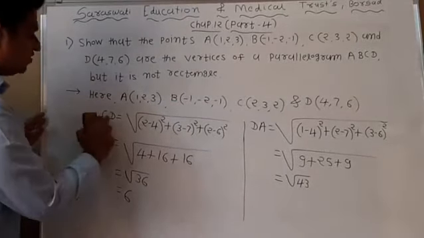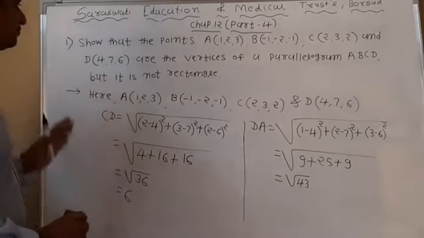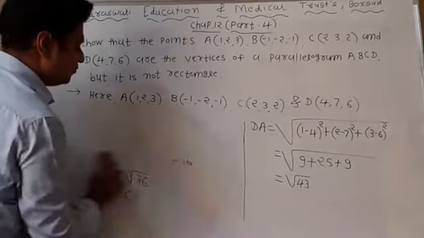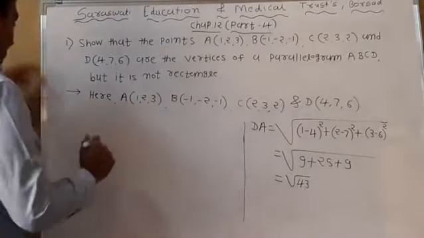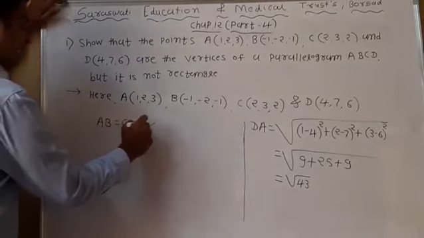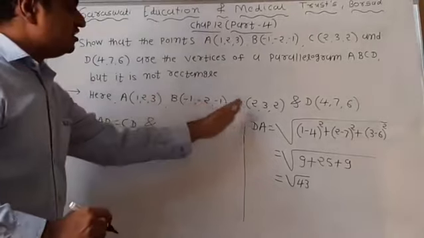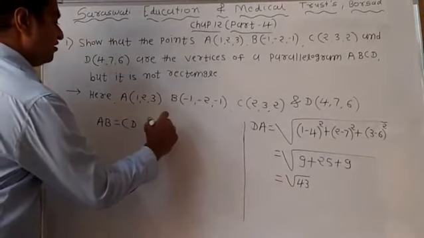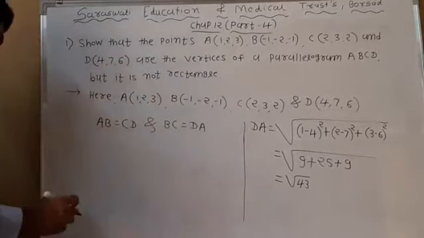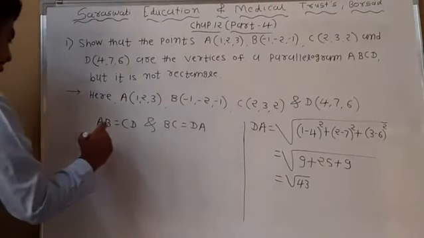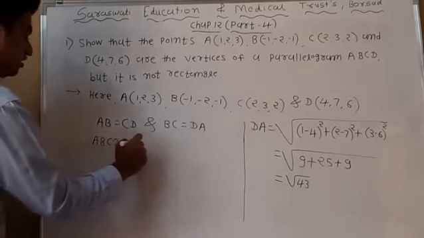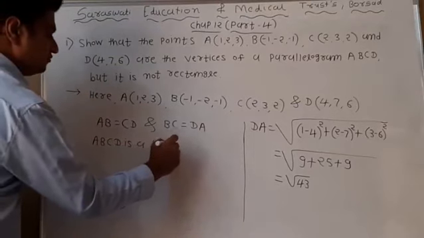CD is equal to 6 and AB is also 6. Therefore we can write AB is equal to CD, and in the same way BC is equal to DA. Therefore we can say that ABCD is a parallelogram.